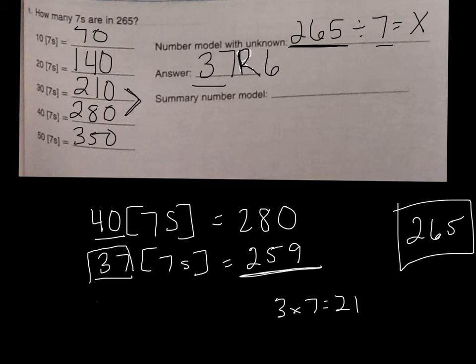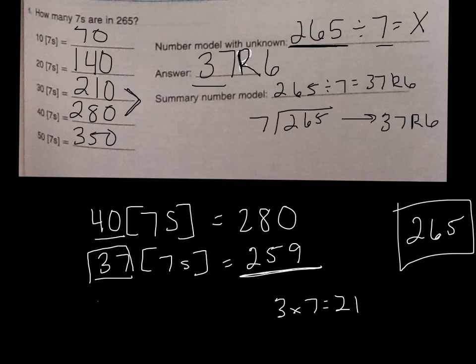And then we can go ahead and write the summary number model. We could write 265 divided by 7 equals 37, remainder 6. Another way we could write that is in our standard division form, 265 divided by 7, and we could put an arrow here, 37 remainder 6. Either are ways we can write this.